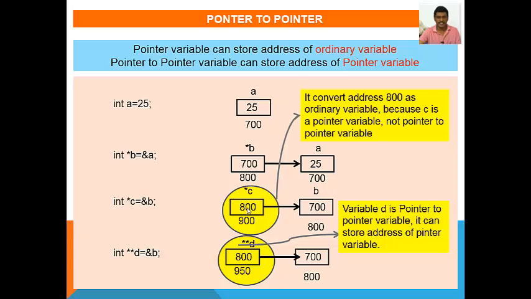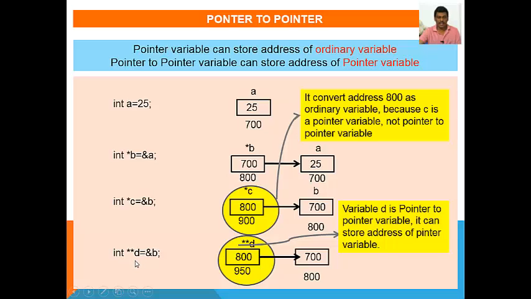Because c is a pointer variable, it can hold only the address of an ordinary variable. It cannot hold the address of a pointer variable. So here 800 is an ordinary variable address.